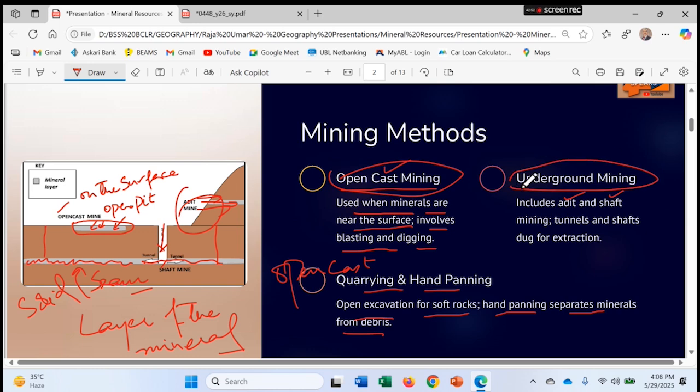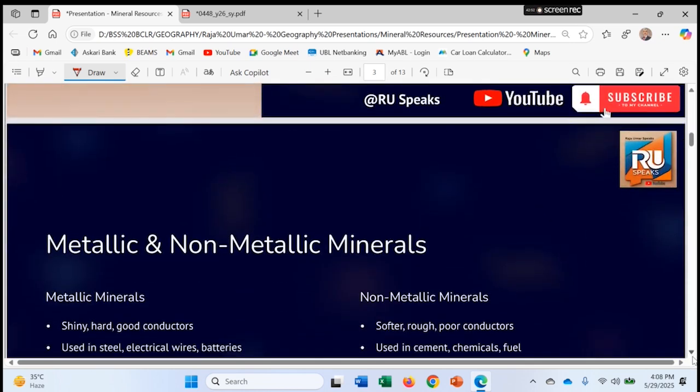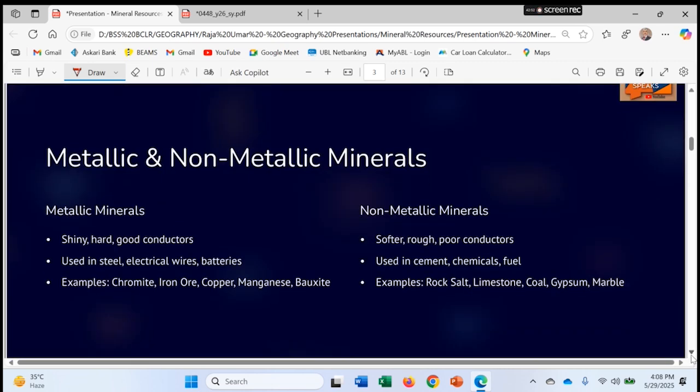So these are the mining methods: open cast and underground. Underground we have 2 methods, adit mining and shaft mining, and then the other one is quarrying and hand panning, the softer excavations on the surface of the earth. So these are the methods.